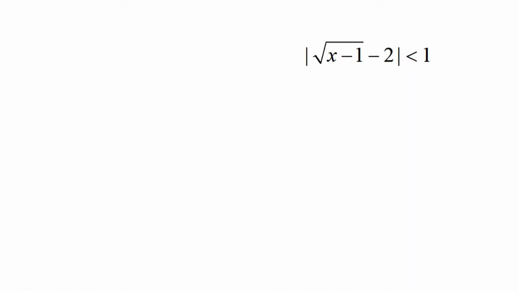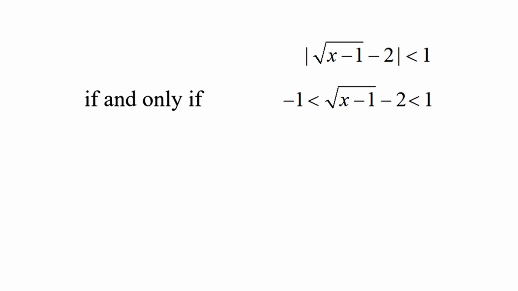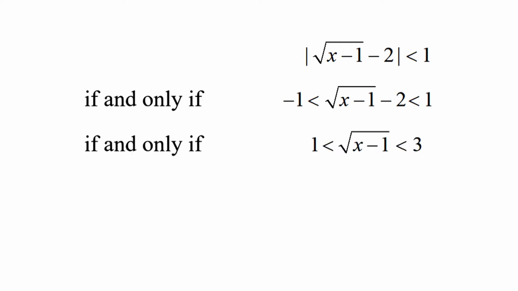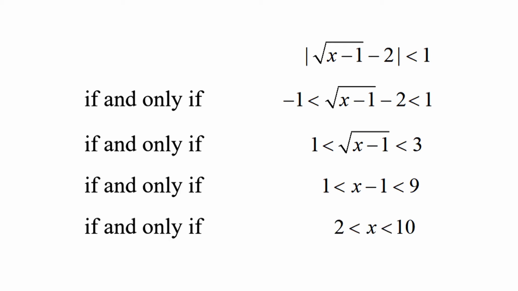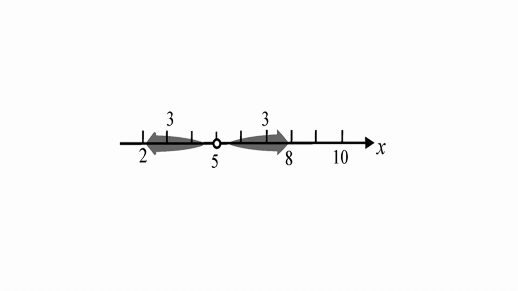Now, absolute value of square root of x minus 1 minus 2 less than 1 if and only if negative 1 less than square root of x minus 1 minus 2 less than 1, if and only if 1 less than square root of x minus 1 less than 3, if and only if 1 less than x minus 1 less than 9, if and only if 2 less than x less than 10. Thus, the inequality holds for all x in the open interval (2, 10). So, it holds for all x not equal to 5 in this interval as well.